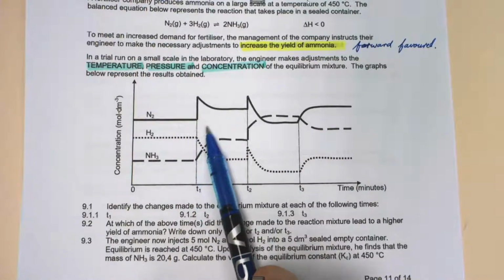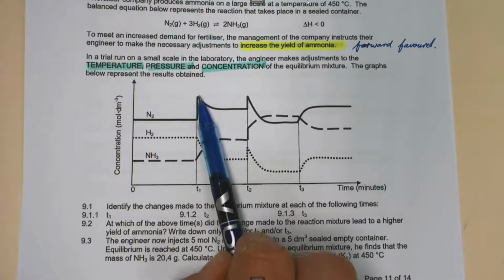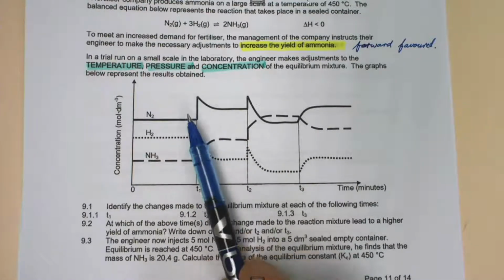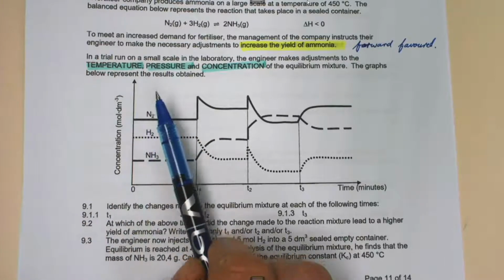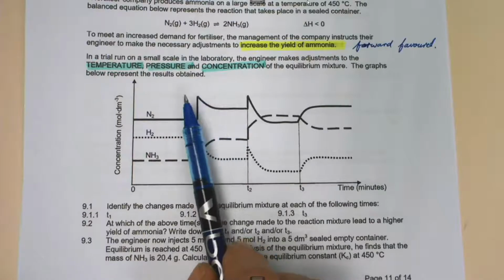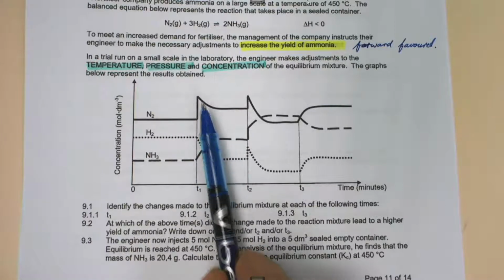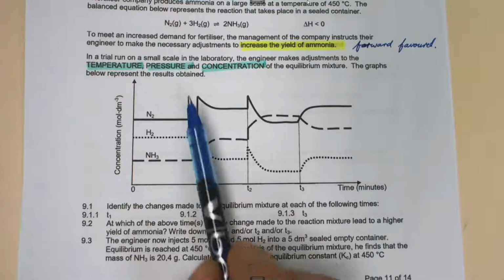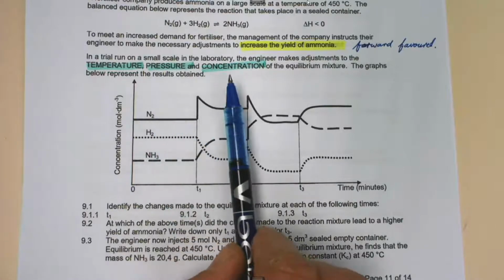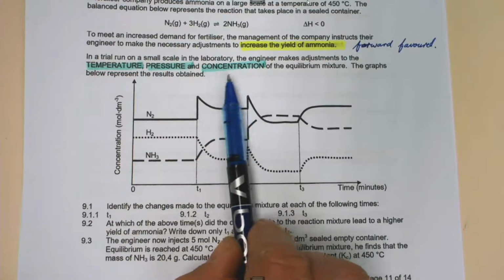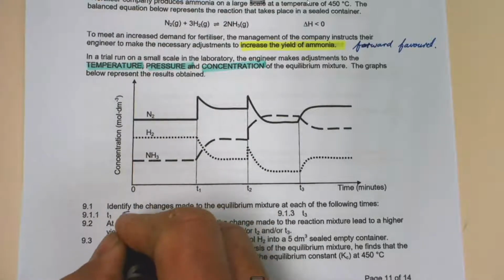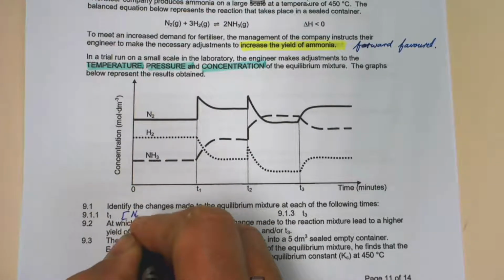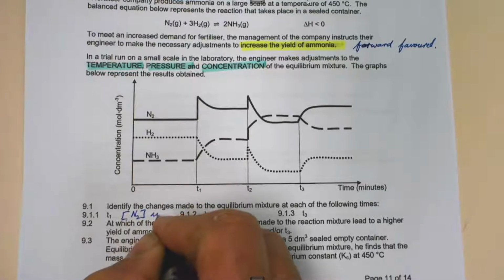But suddenly the concentration of the N2 increases. So yes, I have added N2 to the container. So I've increased the concentration of the N2. So that one deals with concentration. I'm looking at concentration, and at T1, the concentration of the N2 was increased.